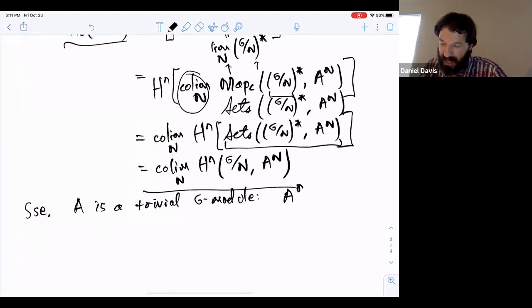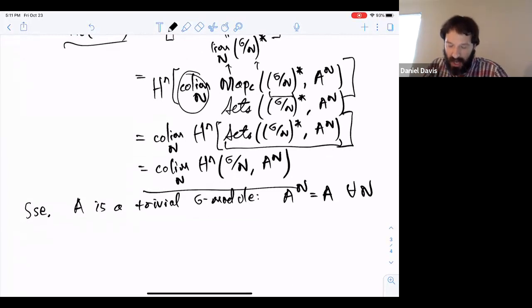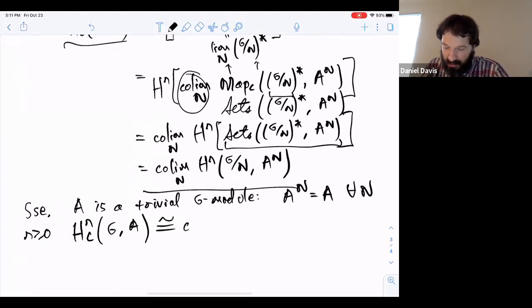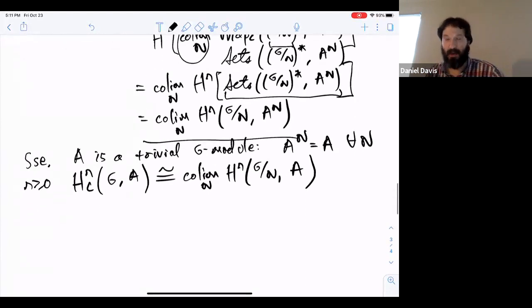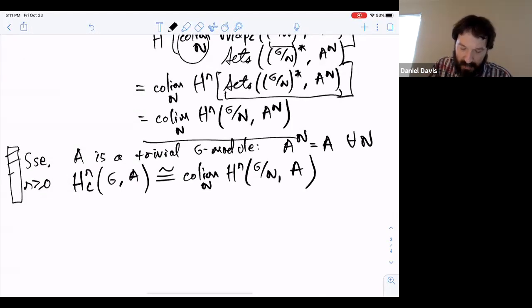Then A^n is just equal to A for all n. So for every n greater than or equal to 0, the nth continuous cohomology of G with coefficients in A is isomorphic to the colimit over the n's of the nth cohomology group of G mod n with coefficients in A. This is a classical theorem.